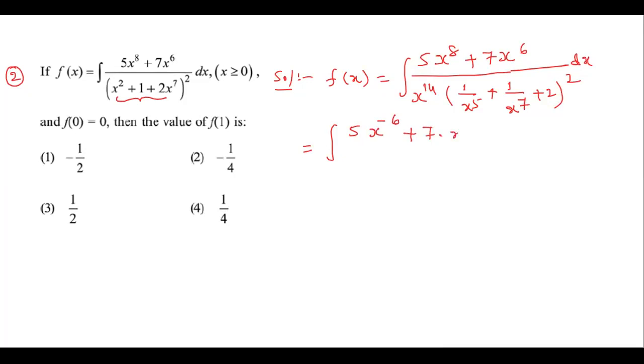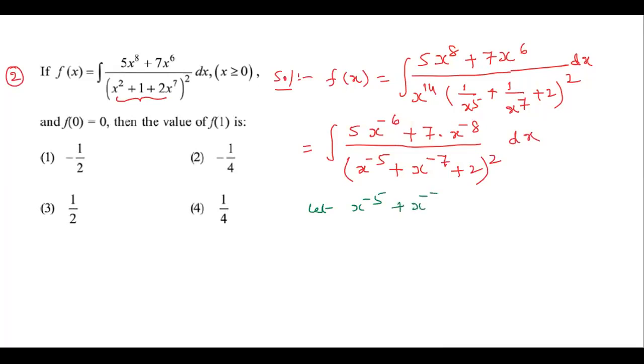So we get x power minus 8, divided by the denominator (x power minus 5 plus x power minus 7 plus 2) whole square dx.